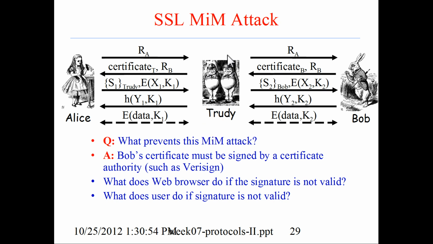If Trudy can intercept all of the traffic and control the entire traffic flow between Alice and Bob to intercept the second request and substitute Trudy's certificate instead of Alice's, and hopefully the rest of the transaction would be, Alice then sends a reply using Trudy's details and encryption and her key, and so on and so on. However, this is going to be easily defeated if Alice makes any attempt to verify the certificate sent in message 2.